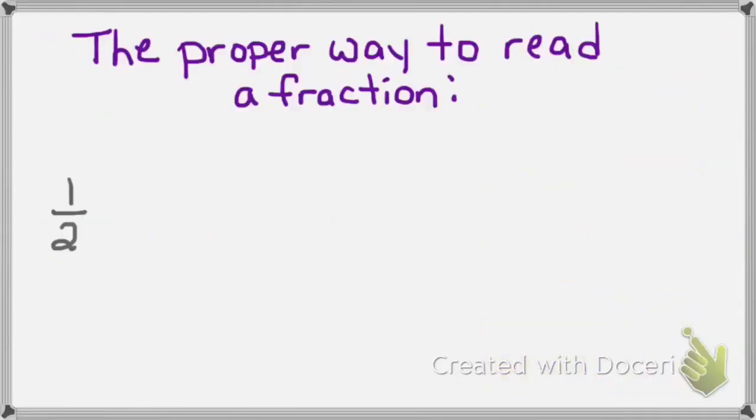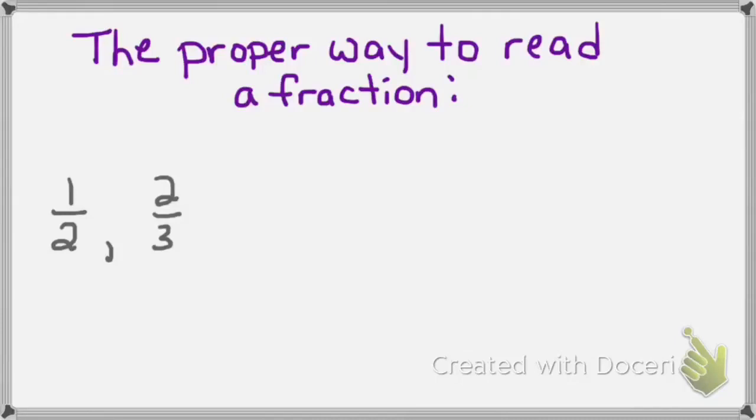What's the proper way to read a fraction? I read my numerator as is, 1. My denominator, if it's a 2, I say half, or if it's more than 1, I would say halves, make it plural. So this is 1/2. If I have another fraction that looks like this, I would read my numerator exactly the number I see, 2, and most of my denominators get read as though that's your order in line.